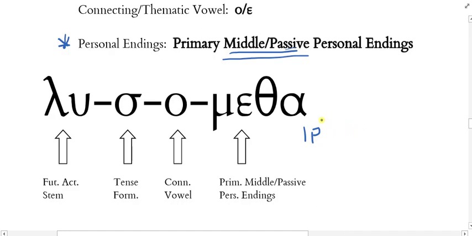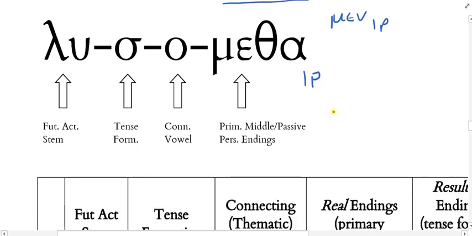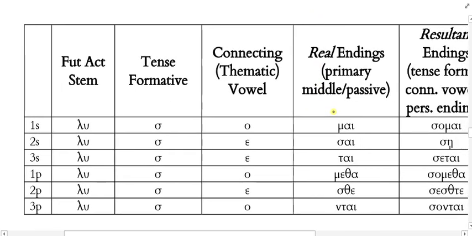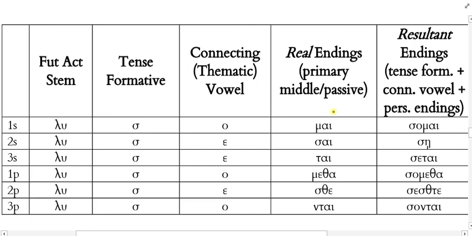So remember, in the prior example, I had almost the same thing except lusomen, which was the first person plural primary active ending. Here it's the primary middle passive first person plural ending. So lusometha. This is the bottom column or bottom quadrant of your personal endings chart that we were looking at.